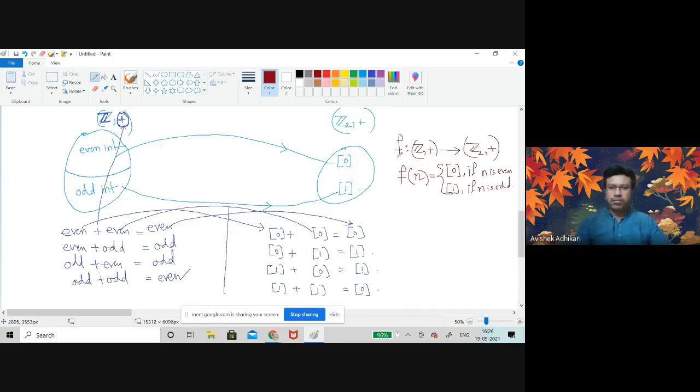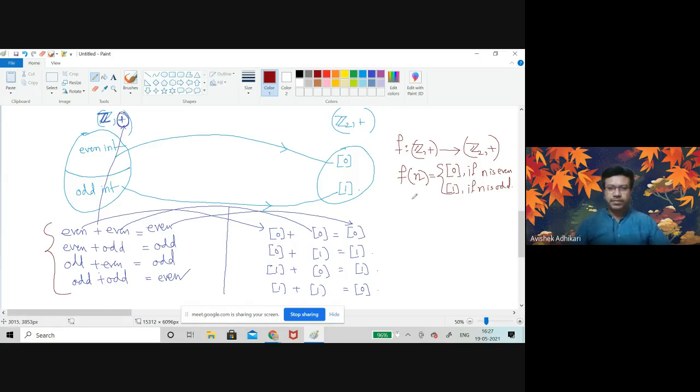So we defined a function, but we can always define a function. What's so great about it? If I define it like this, then at least some properties with respect to this algebraic structure are satisfied here.